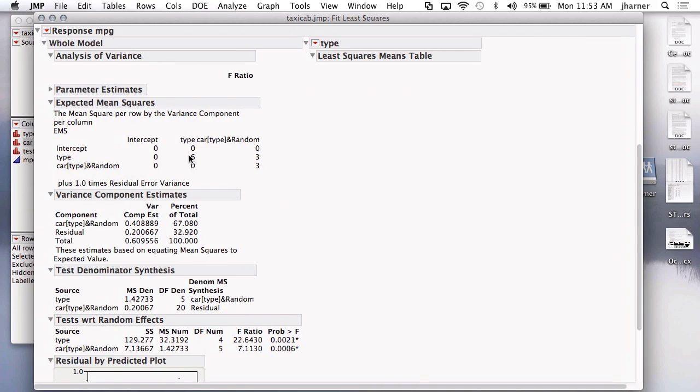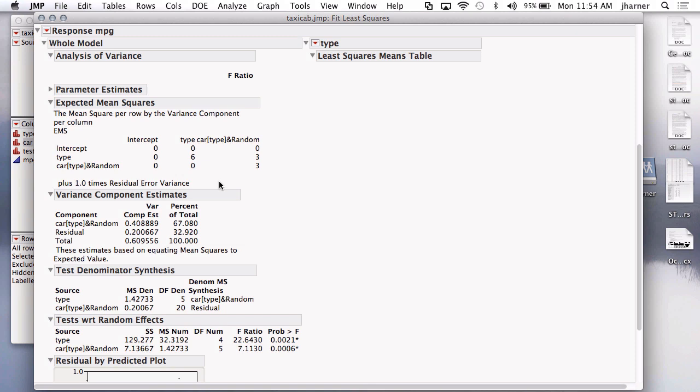Now, as I said, JMP will compute them even if the sample sizes are not equal, and it becomes extremely difficult. I'm going to give you some rules for computing them in general, but those rules depend upon equal sample sizes. And so that gives you a good idea, but if it's unequal, if you use a traditional method of computing things in JMP, it actually will compute the expected mean squares for you.